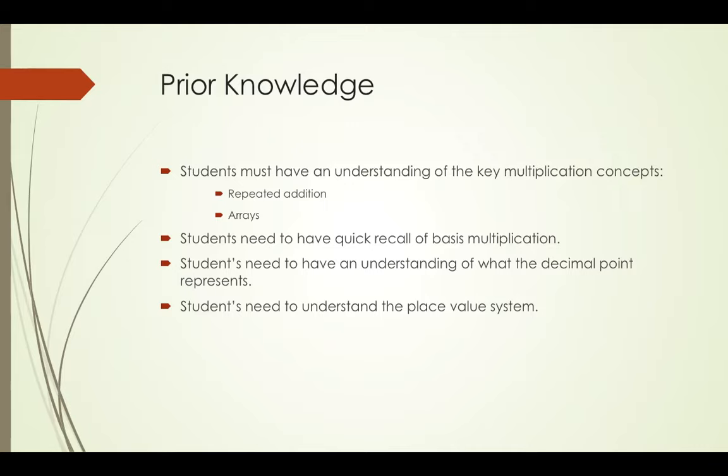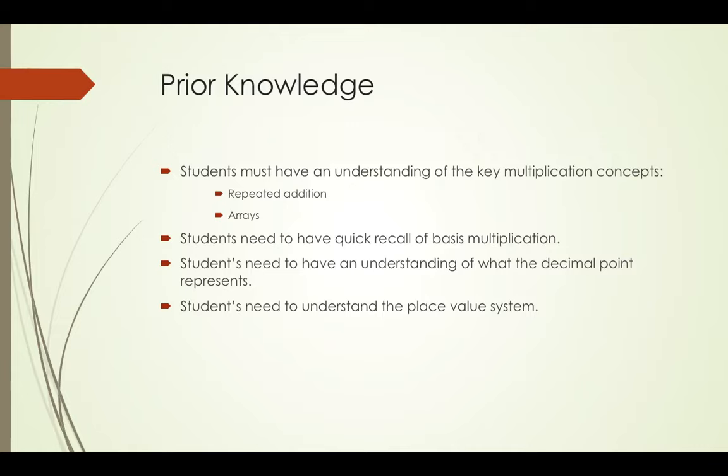Before you complete an activity such as this with children, they must have some key prior knowledge, such as the key multiplication concepts. They need to know and understand these. So repeated addition and arrays. They need to know that multiplication is repeated addition, but it can also be displayed as arrays. Students also need to have the quick recall of basic multiplication, because the lattice method of multiplication only uses single digit multiplication.